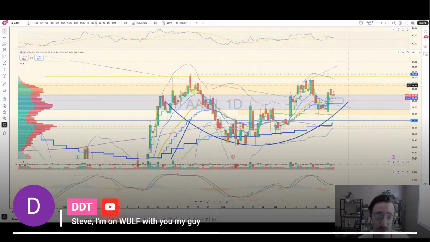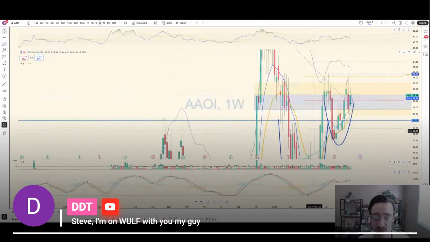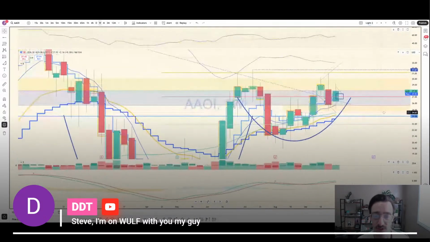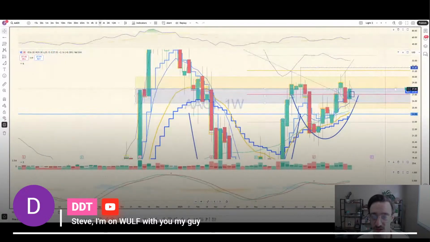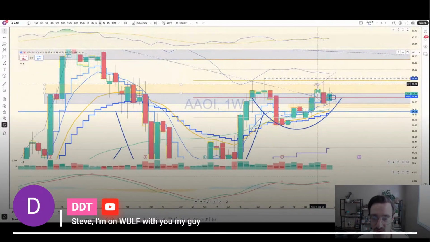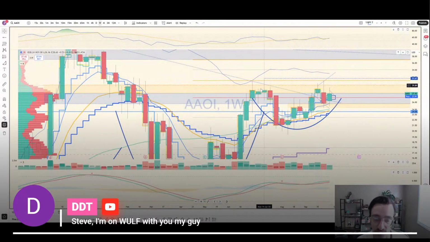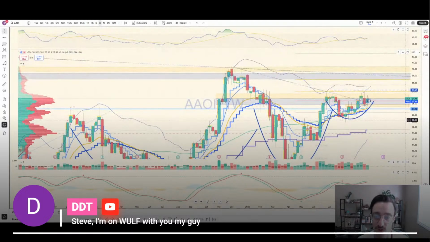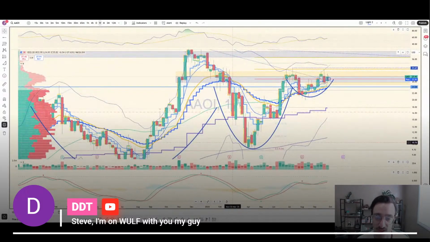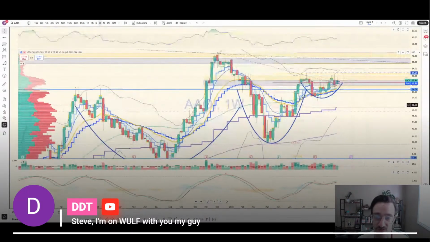So AAOI, I really like this one. The daily is kind of chaos. The weekly is also a little bit chaotic, but I think it's bullish here. I think that this is starting to tighten up. These tight wicks are just indicative of the fact that it is 23% shorted, something like that. So when this thing goes, it can really go. I think that what we're seeing is a cup and handle here as well. And we also have a downtrend line that we broke.